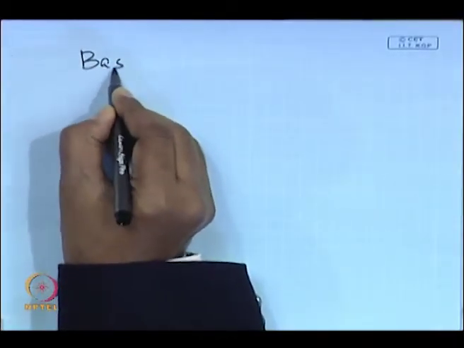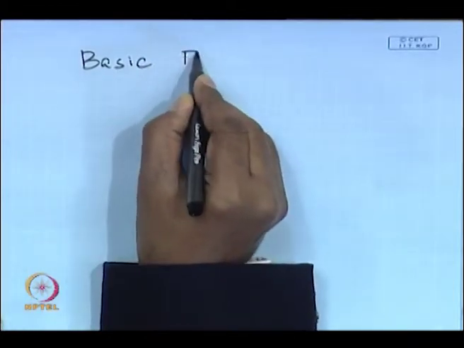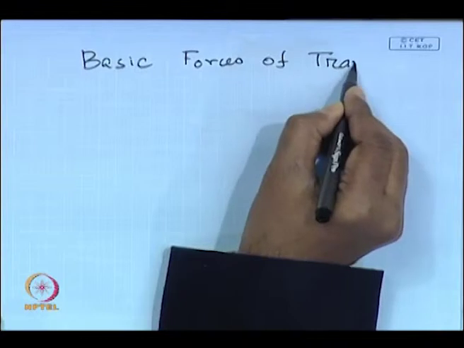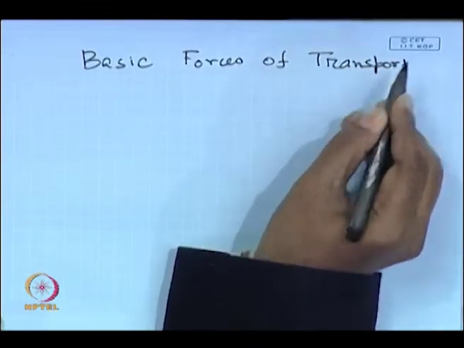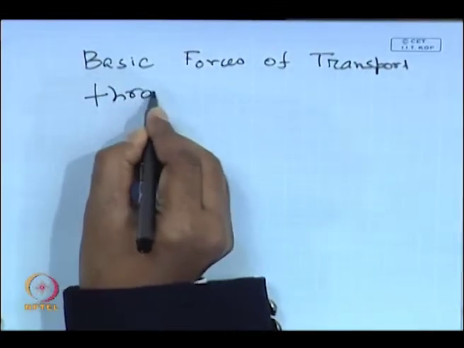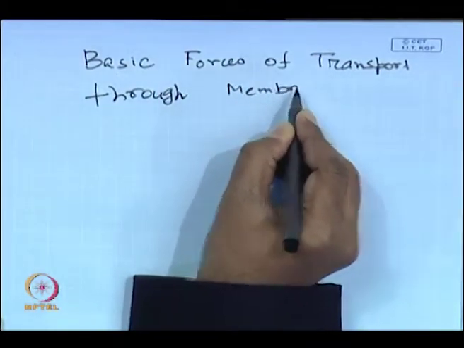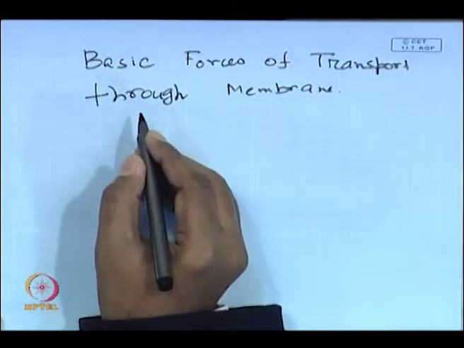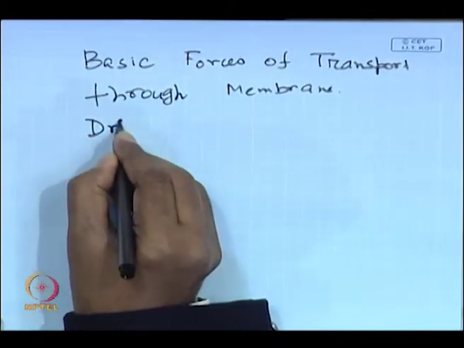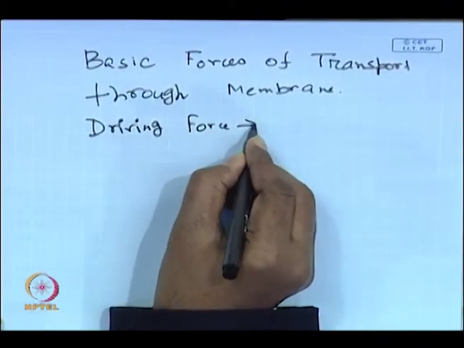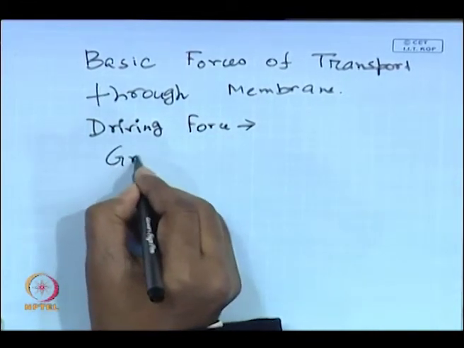So, let us look into the various basic forces of transport through the membrane phase. Now, what is the driving force? I think we have discussed it earlier. The driving force is nothing but the gradient of chemical potential.